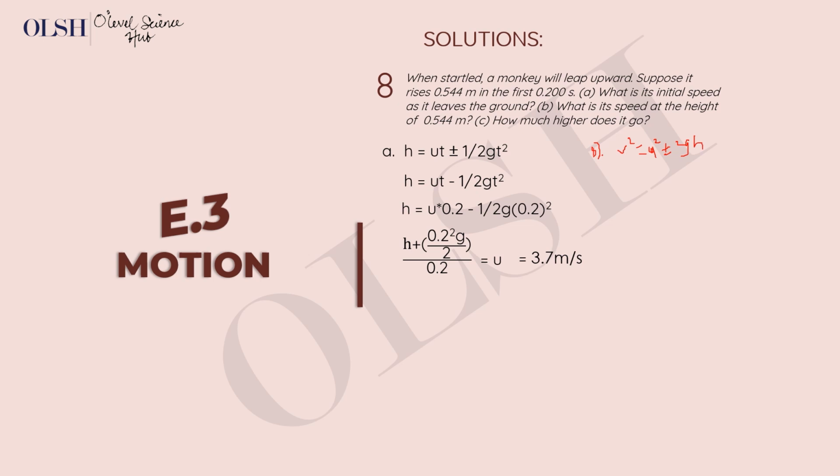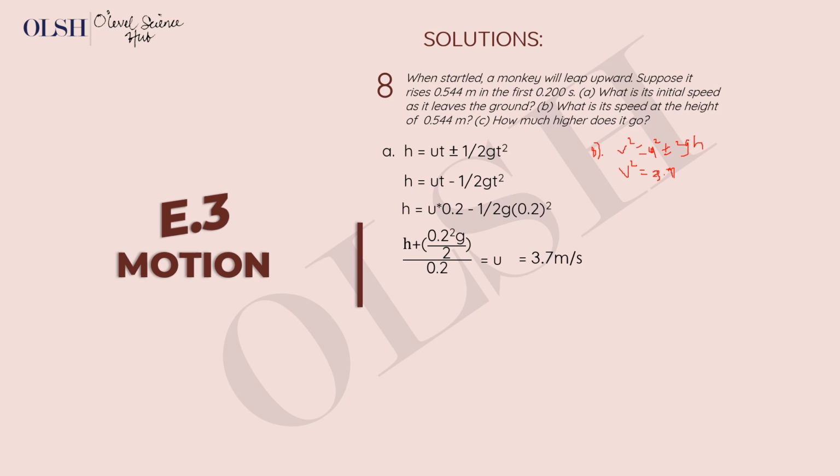All we need to do here is put in values for our initial velocity. So v squared will be equal to 3.7, which we just found, 3.7 meters per second.